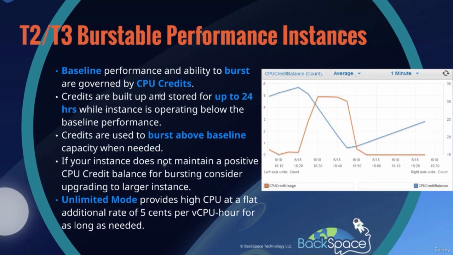Now, there's another option there called the T2 Unlimited, and that will provide that burstable high CPU availability at a flat additional rate of 5 cents per vCPU hour, and that is for as long as you need it. So instead of building up CPU credits, you just get billed for what you use.